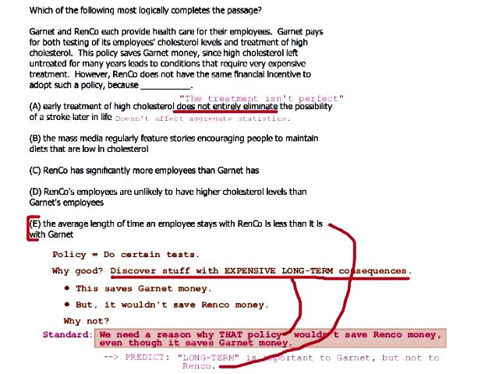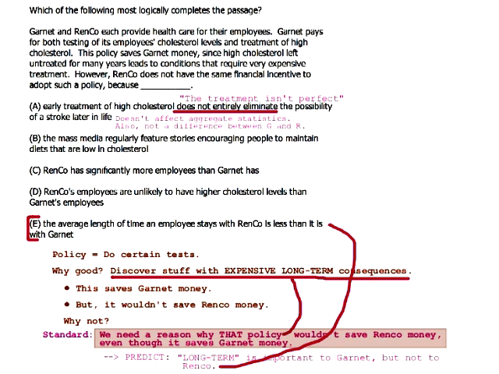Aggregate statistics aren't affected. Also, there's no reason to think this is a difference between Garnet and Renko. This is the other thing, right? This is going to seem really obvious when I point it out, but the correct answer has to be a difference between Garnet and Renko. I mean, duh, right?